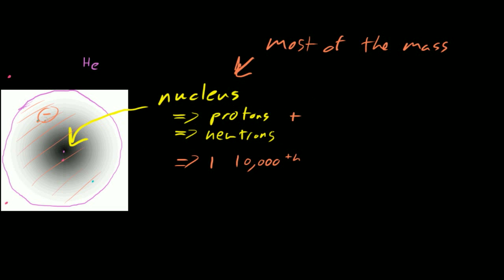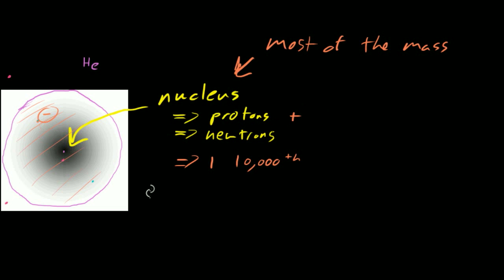So it's important to realize that what keeps them in this, it's not an orbit, you can't call it an orbit around the nucleus, but what keeps them in this orbital, which is essentially the probability function of finding an electron somewhere in this haze, is the attraction between a negatively charged electron and a positively charged proton.